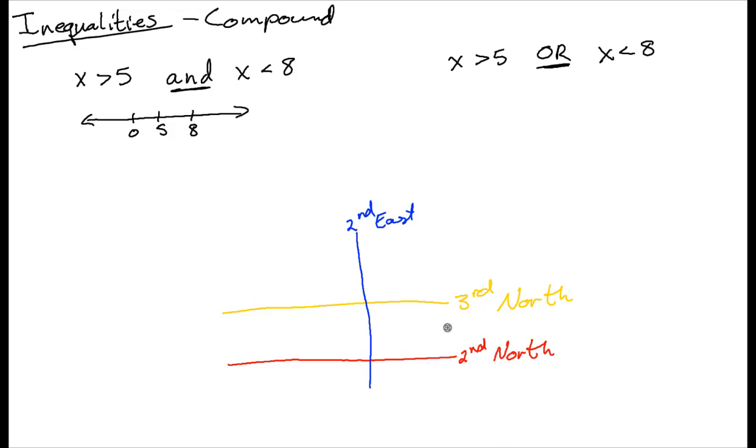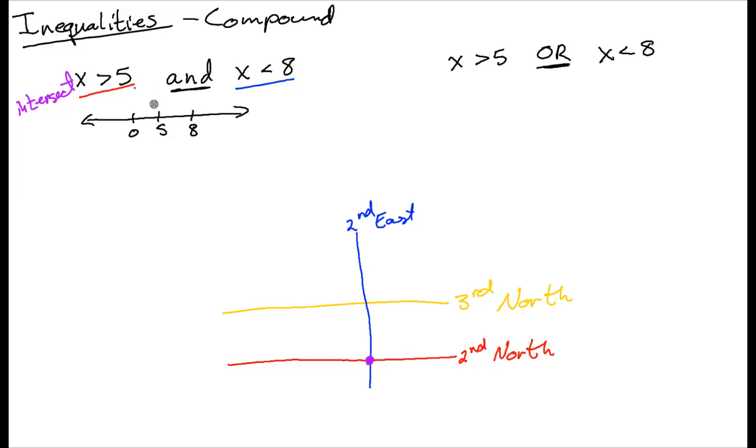Well, geez, they never cross, so there isn't a 2nd North and 3rd North. Now, you could say where's 2nd North and 2nd East, and you're like, hey, there's the intersection right here. So the word "and" means intersection. And in particular, when something is red and the other thing it's intersecting with is blue, then red and blue make purple.